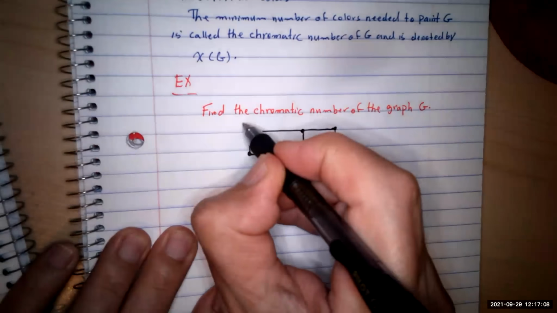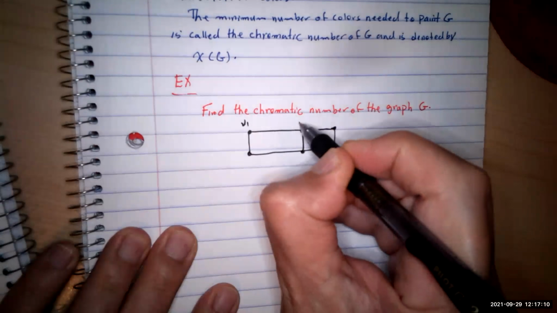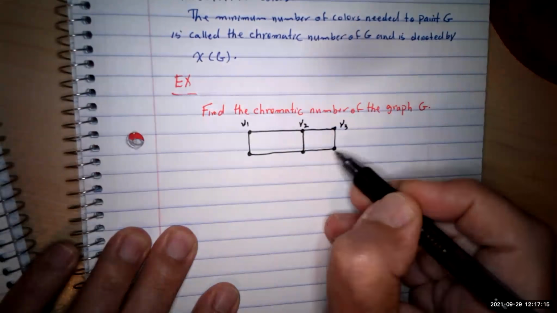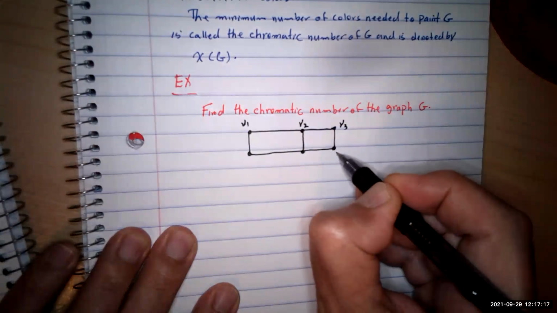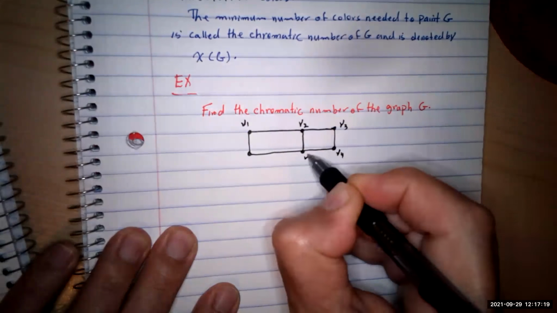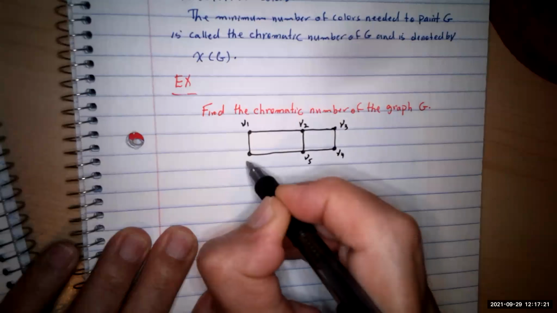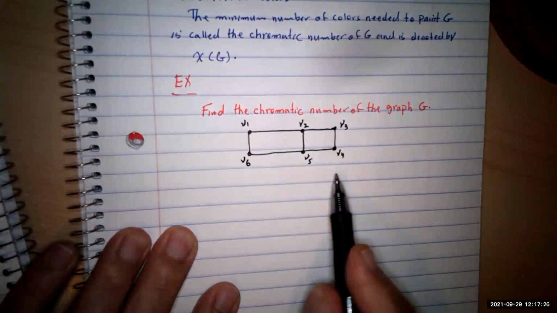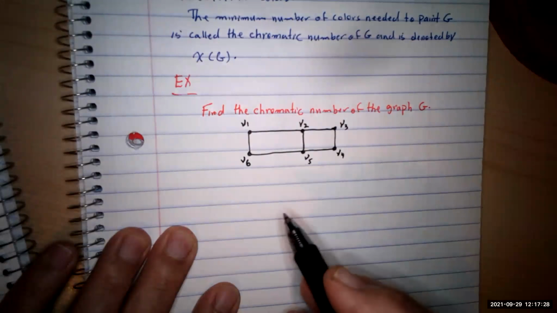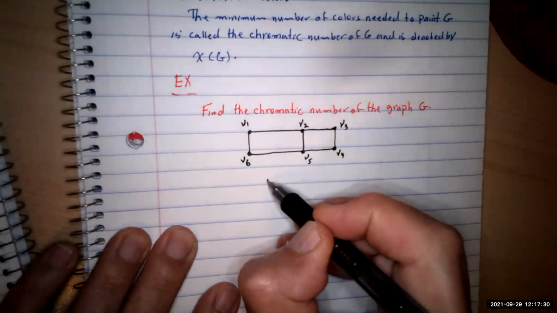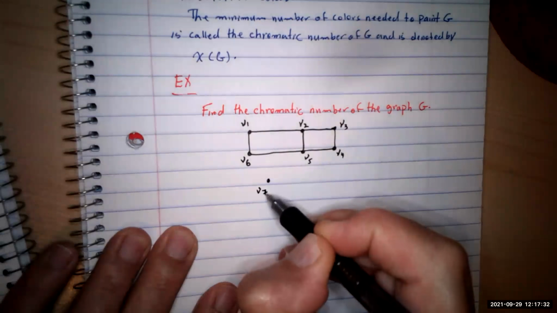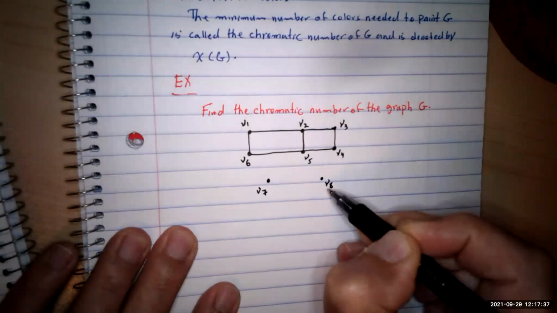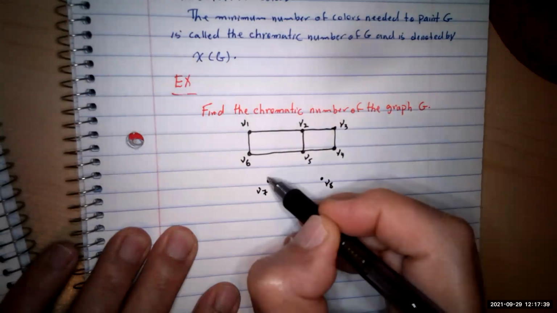So I'm going to have the vertices V1, V2, V3, then V4, V5, V6. Then I'm going to give you another one here, which is going to be V7. And I make one here, which is going to be V8. And then you have the following.